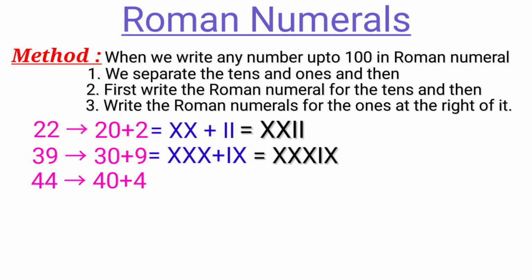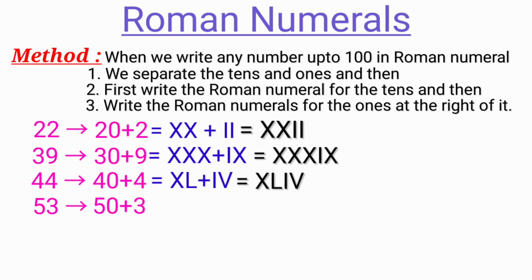For 40, we will write XL, and for 4, we will write IV. We get XLIV. Next is 53. Split 53 into tens and ones, that is 50 plus 3. For 50, we will write L, and for 3, we will write 3 times I. We get LIII.